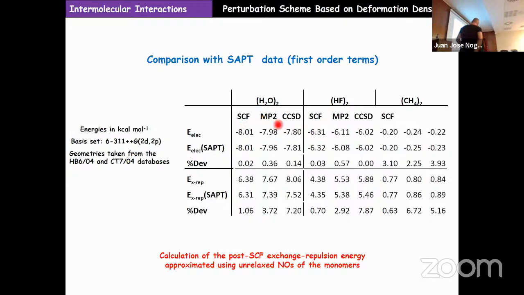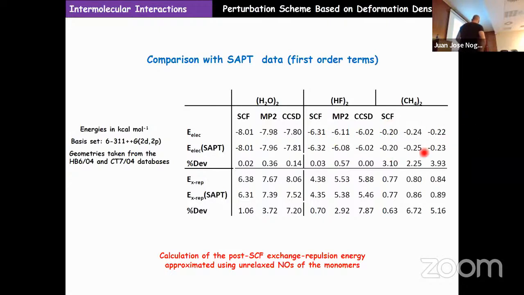We don't change the geometry here, because, for example, for the methane dimer there is no Hartree-Fock geometry: without dispersion the complex is not stable using Hartree-Fock, so we use the CCSD geometry. You can see the electrostatic energy between SAPT and our scheme is practically the same. It has to be the same because the definition is the same.